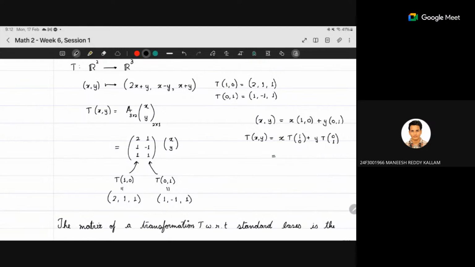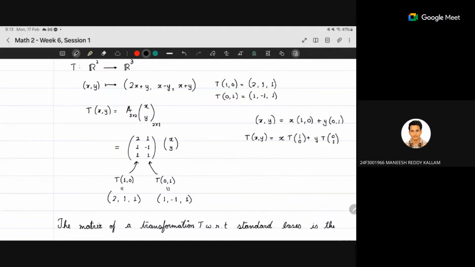If I want a matrix to satisfy this all the time, and I multiply it with (x, y), I will get c1 x plus c2 y, where c1 and c2 are the columns of A. So T(1, 0) is forced to be c1 and T(0, 1) is forced to be c2, as long as you are working with standard basis vectors.